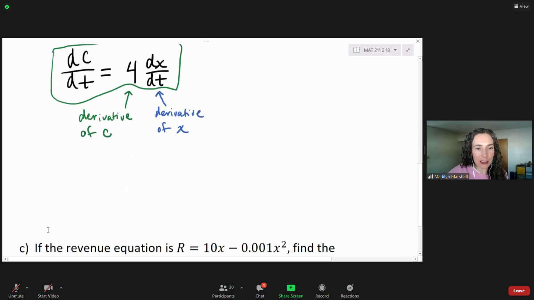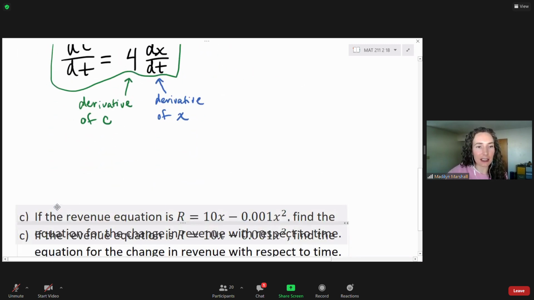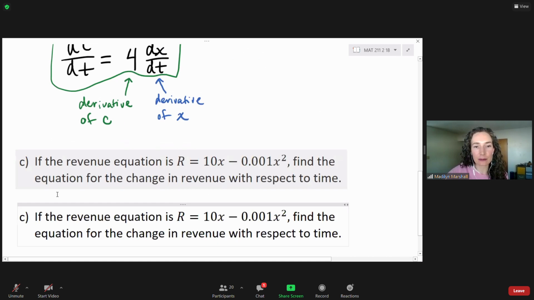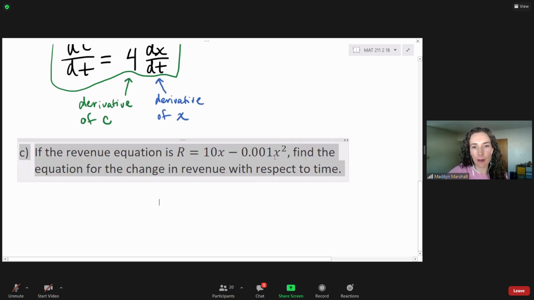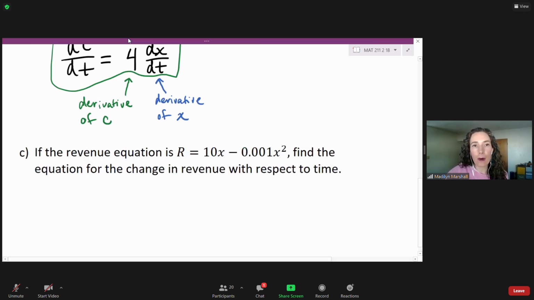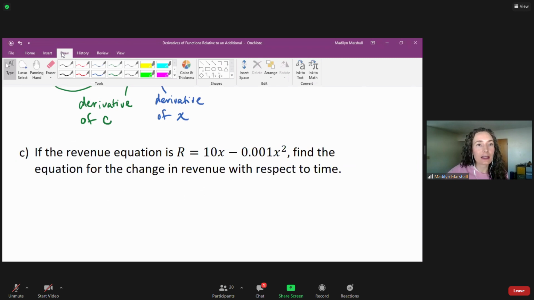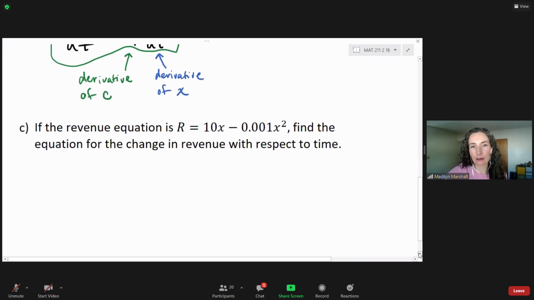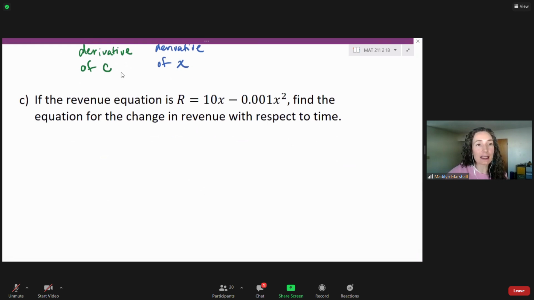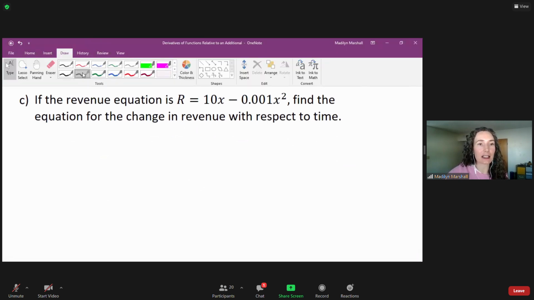So now let's look at a revenue equation that's a quadratic. So now instead of finding dc dt, we're finding dr dt.